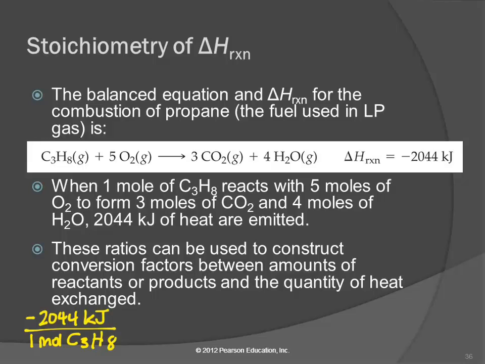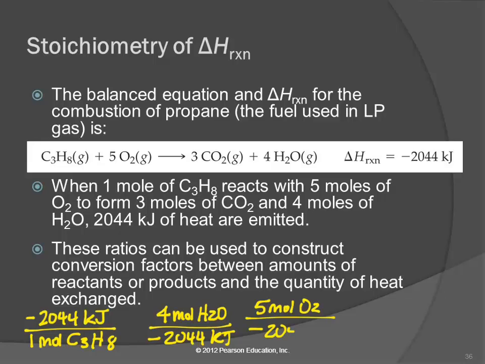Or we could say we're going to get 4 moles of water produced for every 2,044 kilojoules of energy released. Or we could say if we use up 5 moles of oxygen, we're going to release 2,044 kilojoules of heat energy. Get the idea?